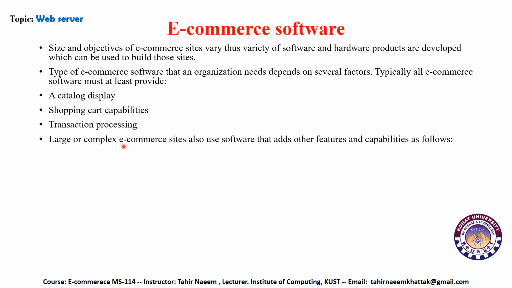Large or complex e-commerce sites also use software that adds other features and capabilities. So basically, it covers how the catalog is displayed at the e-commerce site, what the shopping cart capabilities are, and how much amount can be transacted by the e-commerce site.